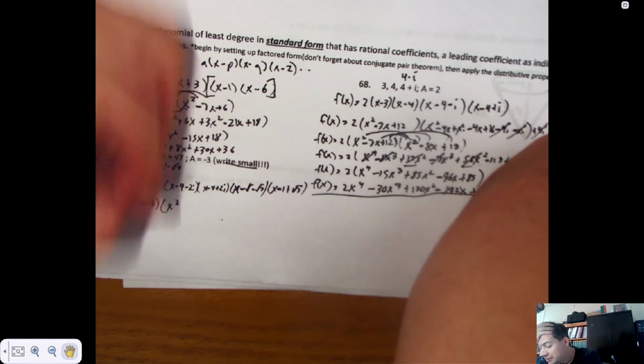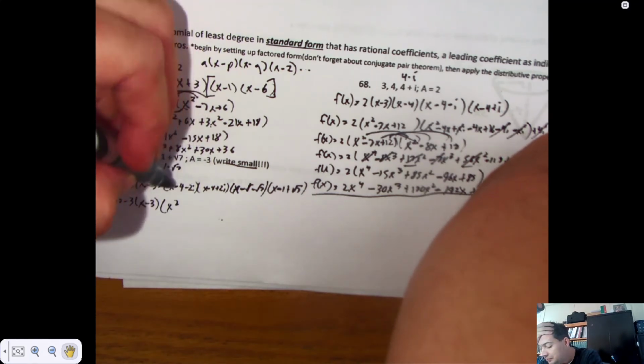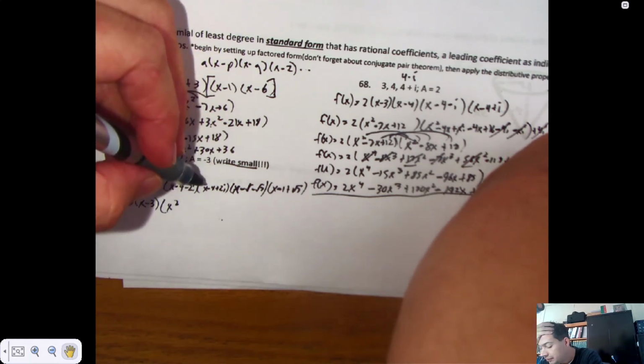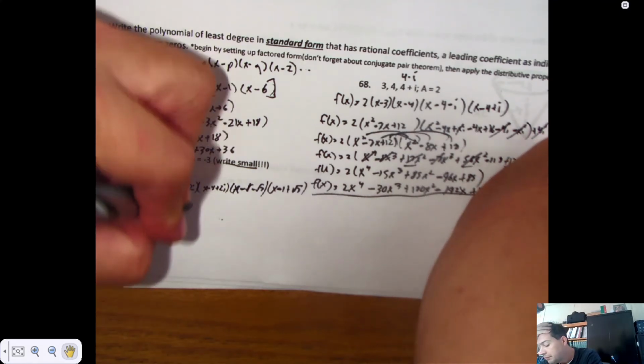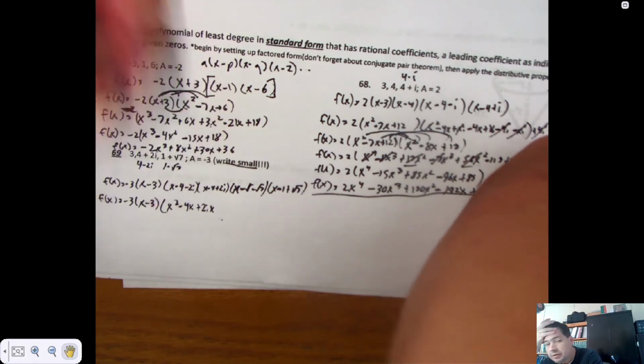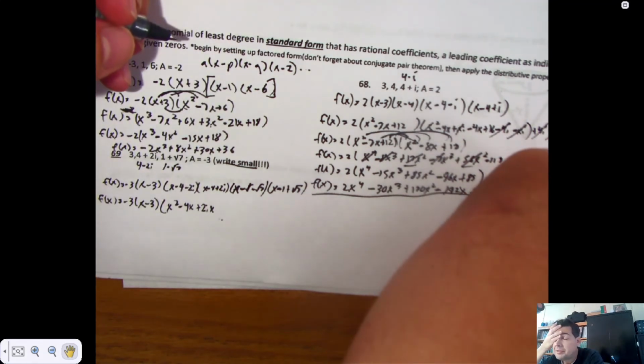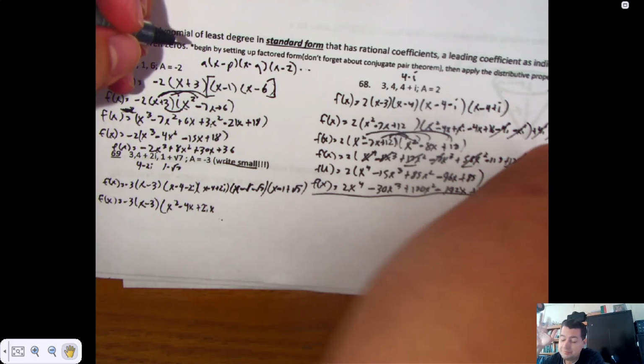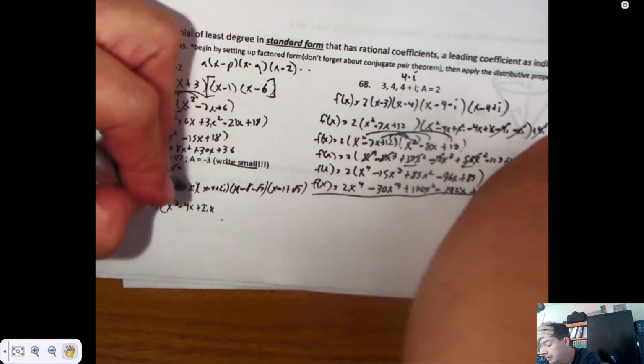So that's going to create x squared minus 4x plus 2ix. You do enough of these, there is a shortcut. I just don't want to show it. I've tried to teach it in the past, and it was just a disaster. So just do the math.